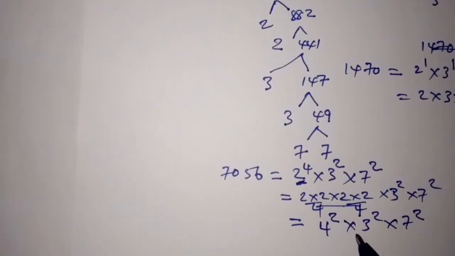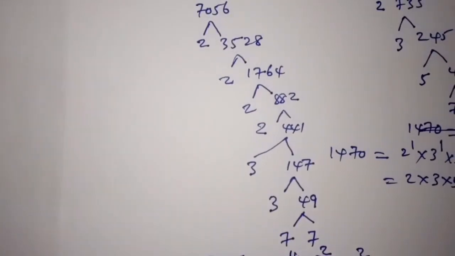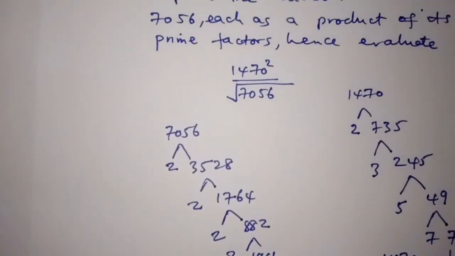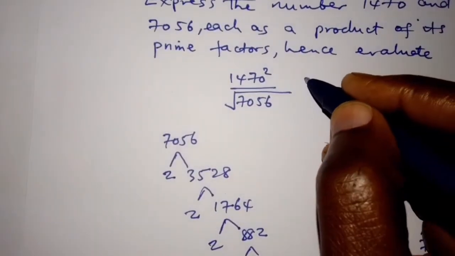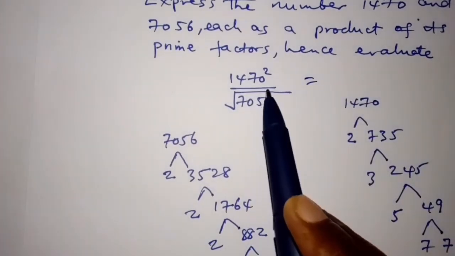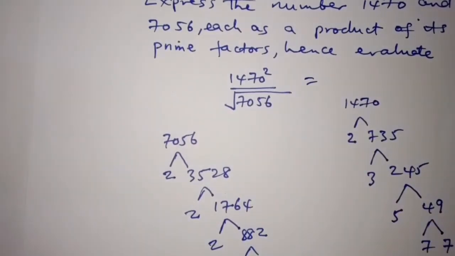4 power 2 times 3 power 2 times 7 power 2. 2 times 2 is 4. 2 times 2 is 4. So we can say 4 power 2, then times 3 power 2 times 7 power 2. So now we can write here 1470 power 2.